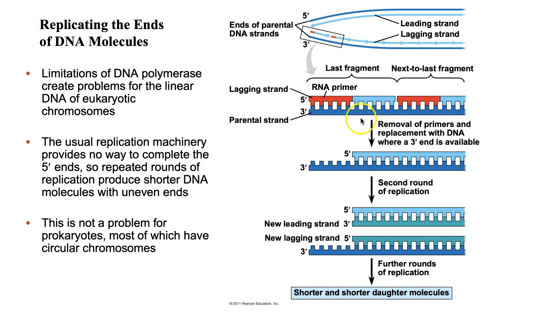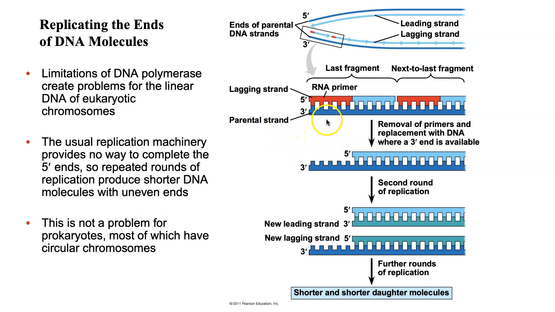Well, with the lagging strand, you need to put on these RNA primers. So at the end of this strand, the one that's being elongated, that's 5' to 3', we're going to have to put the RNA primer on here at the 5' end so that we can get this piece of DNA here. Unfortunately, the replication machinery has no way to fill in this piece.